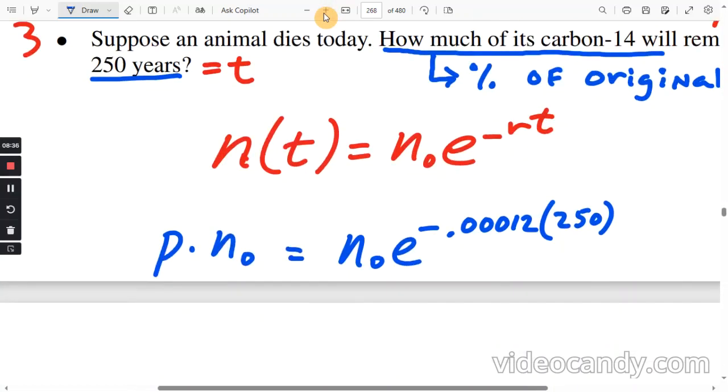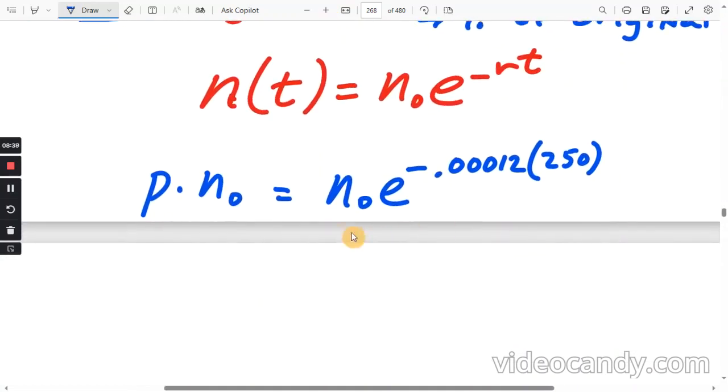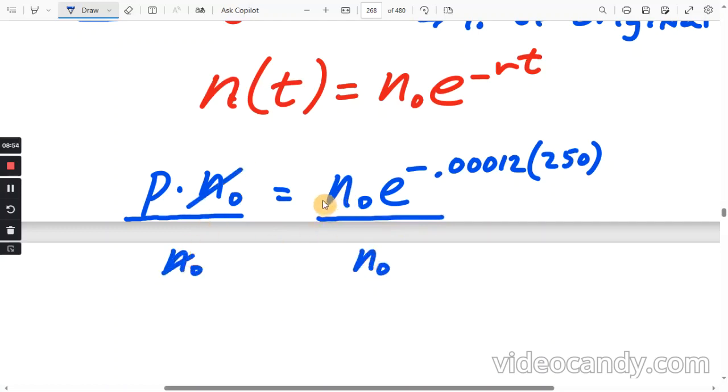All right, so how do we solve for P? Well, it's quite easy. We have it times n sub 0 on both sides. The opposite of that is dividing by n sub 0 on both sides. It cancels on the left, it cancels on the right.